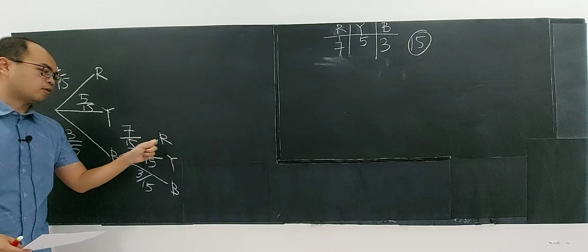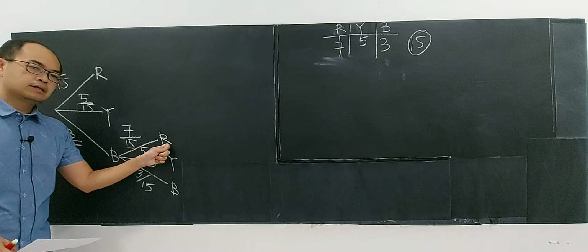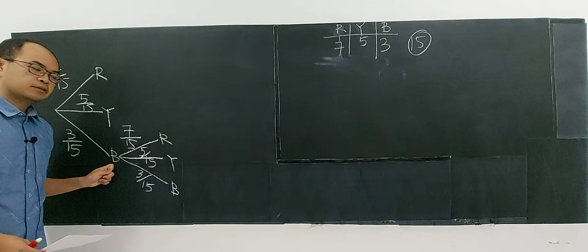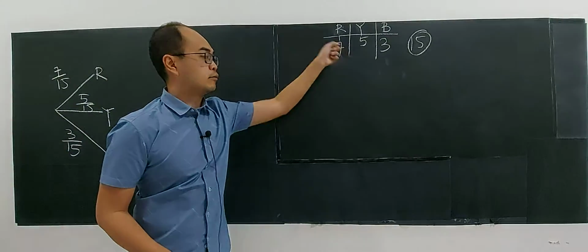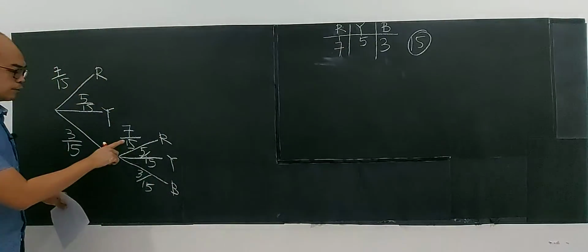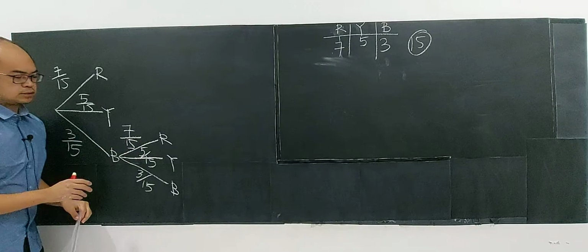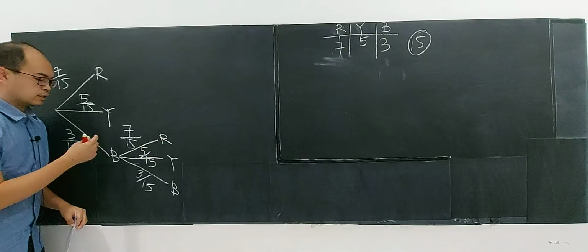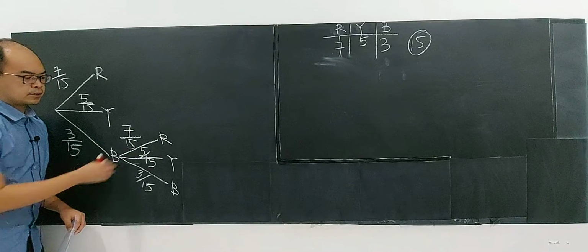The probability of getting red will be the same as the probability of red, 7 out of 15, because the total number does not change. The result here will not affect the second draw. They are independent.